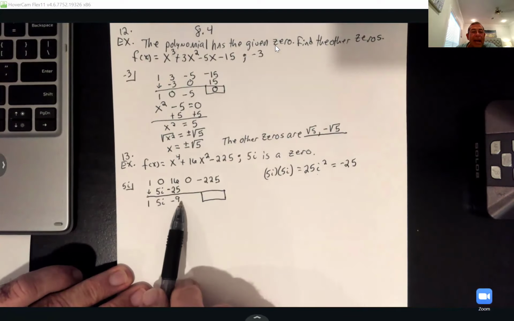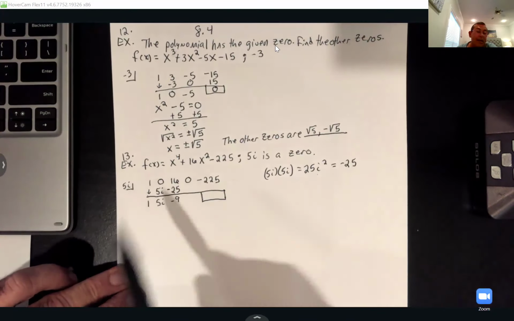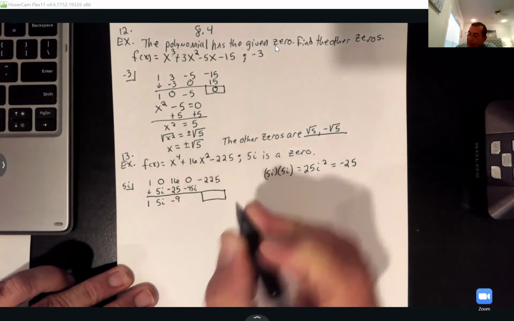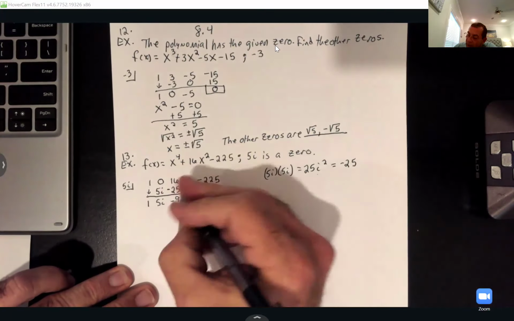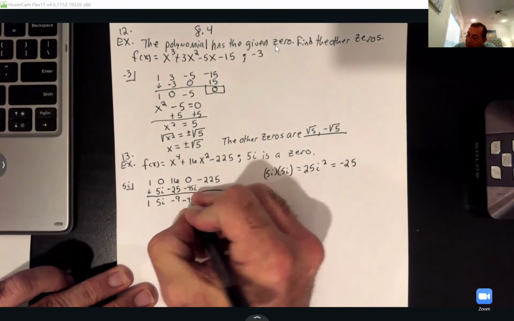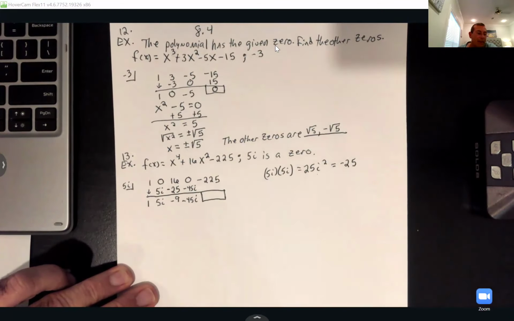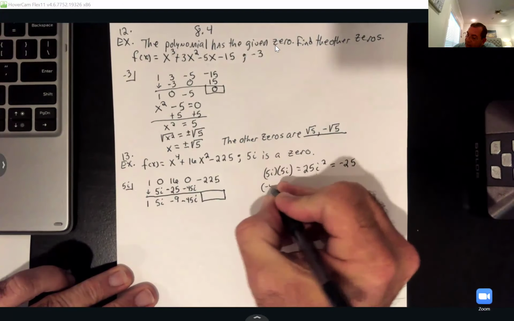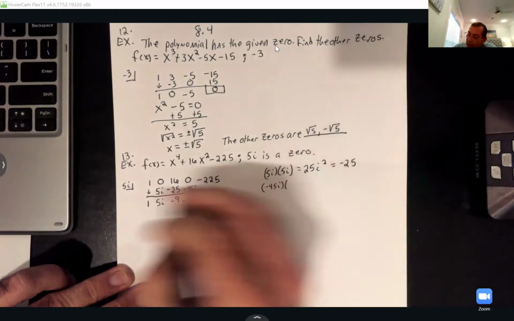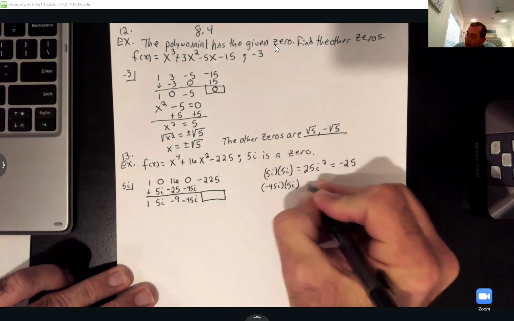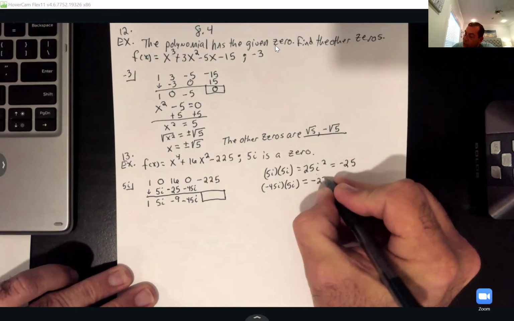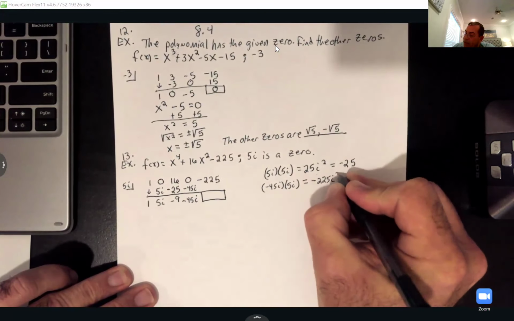All right, y'all, negative 9 times 5i is a negative 45i. Added to 0 is a negative 45i. And this negative 45i times 5i is a negative 225i².